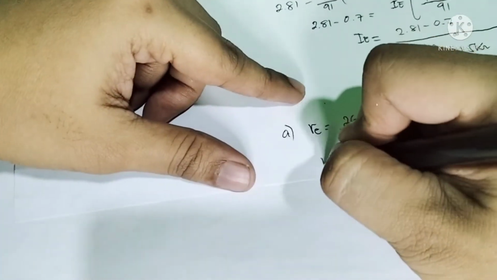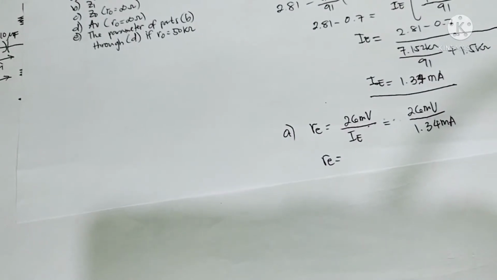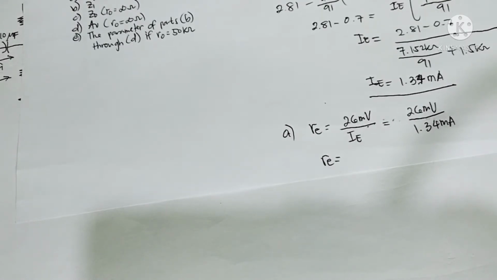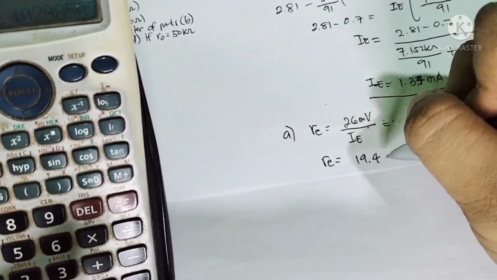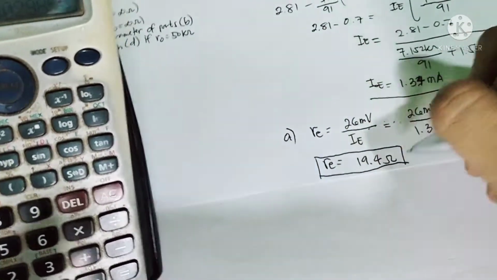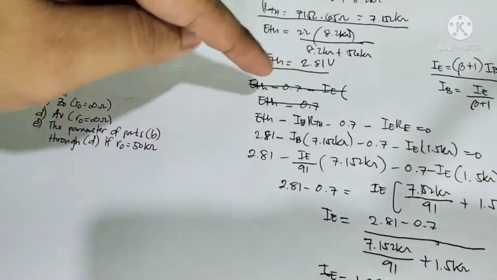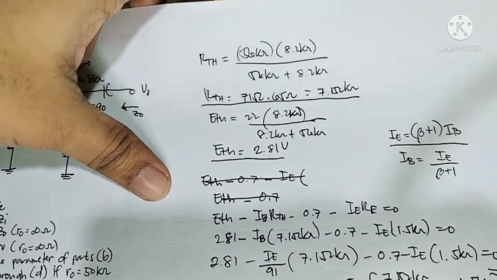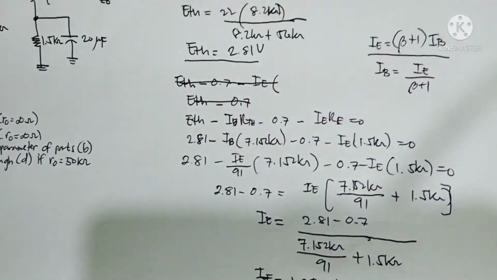So you have now r sub e equal to 19.4 ohms. So what we did was the exact analysis, so this is the exact analysis by using the Thevenin's equivalent.